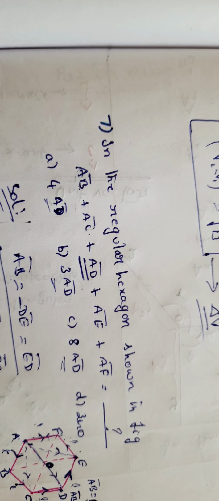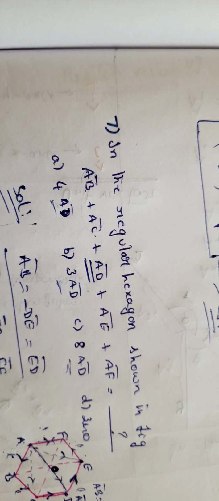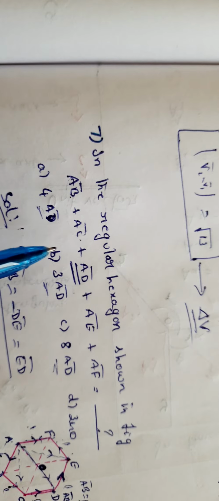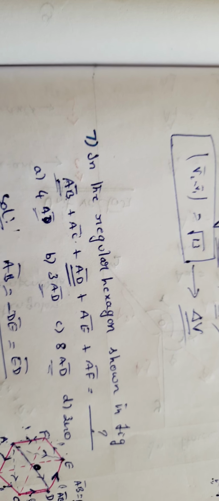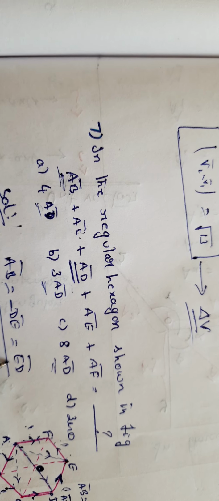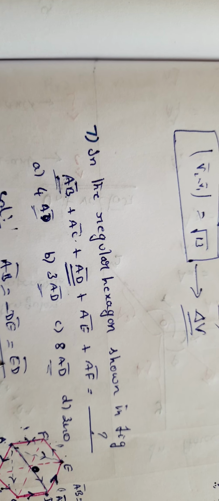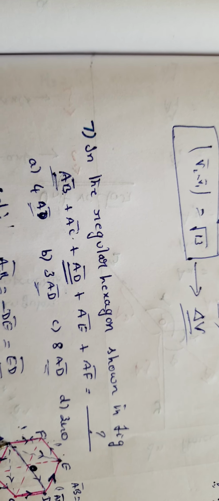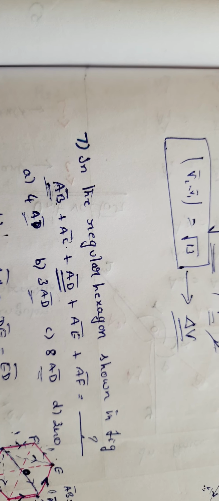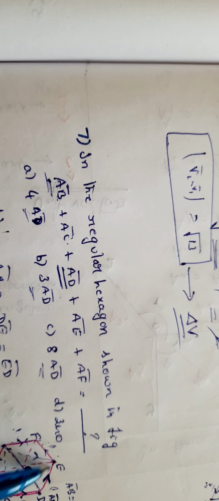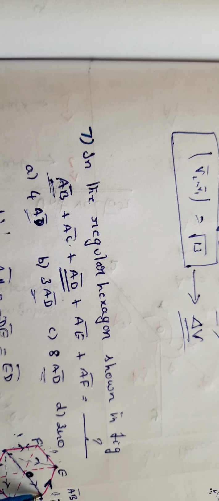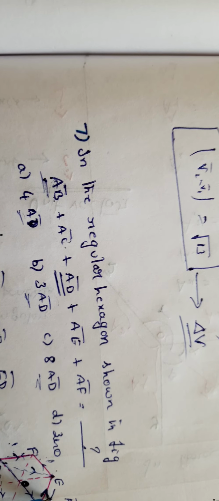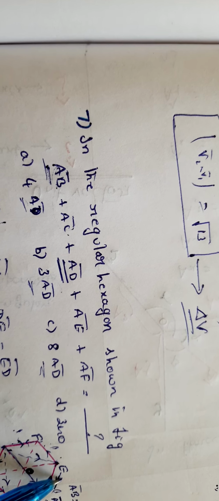So now, I have AB bar here. AB bar can be equated to ED bar. So AB bar is equal to ED bar, right? I am drawing it here.